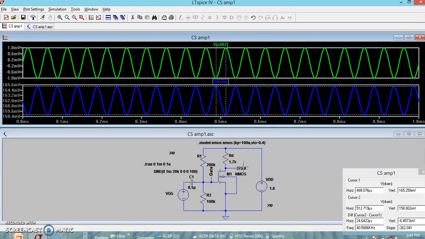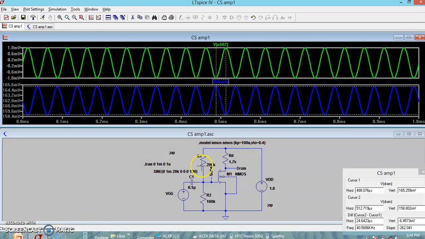As per our earlier method, if you verify the output voltage peak to peak by input peak to peak, you can see hardly any difference. The output peak to peak is only 6.4 millivolts, whereas the input peak to peak is 2 millivolts. So 6.4 by 2 is around 3. We are not getting a gain of 17. Why? Since the MOSFET is operating in linear region.